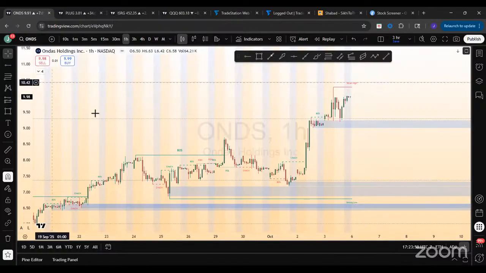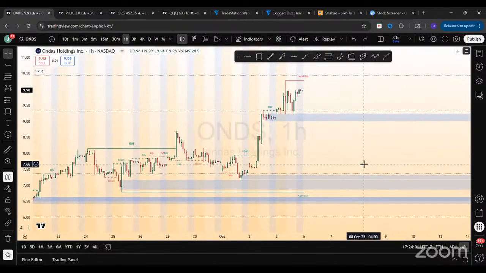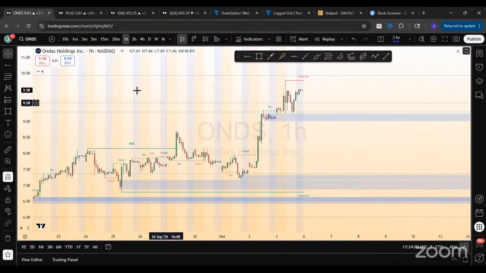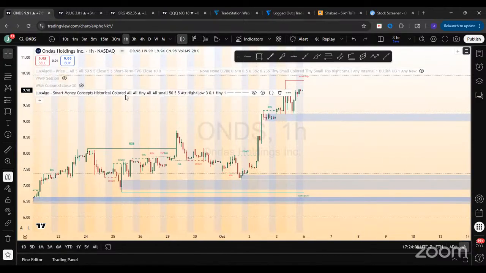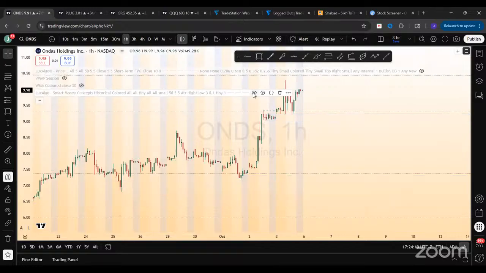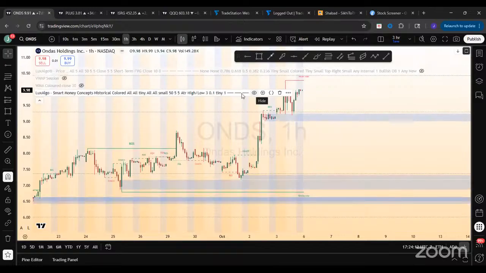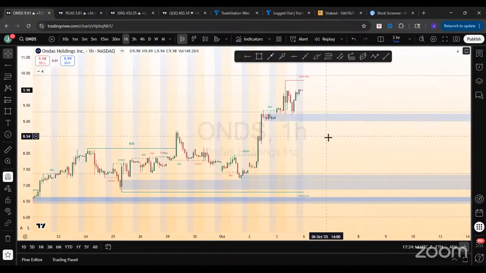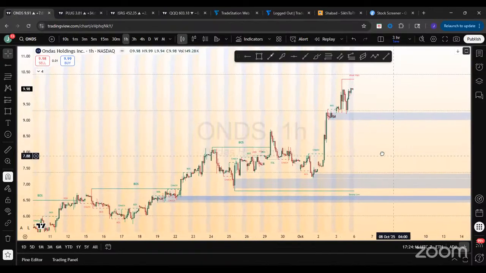Right away, when you bring that on your chart, you will see these zones here. They weren't there before. When you bring that in, you will start seeing them.